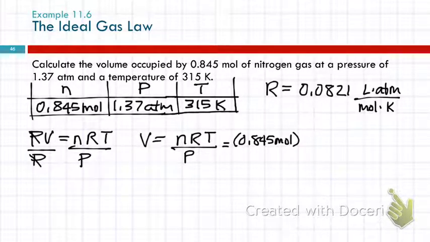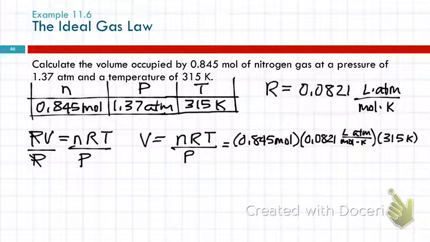And R, we wrote down up there, 0.0821 liters times atmospheres divided by moles times Kelvin. Yes, I know it's tedious. And the temperature, 315 Kelvin. And that whole long thing divided by the pressure, 1.37 atmospheres.